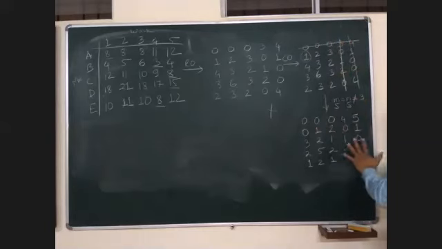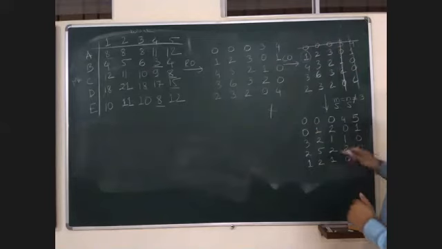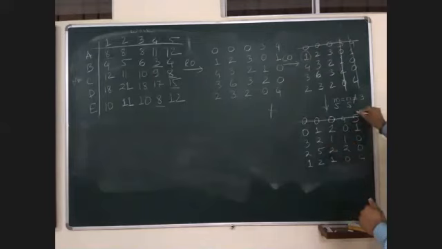So we did that, right? Once we complete this step, try and cover all the zeros with the minimum number of lines now. Same logic. There are 3 zeros, there are 2 zeros, there are 2 zeros, there are 2 zeros.